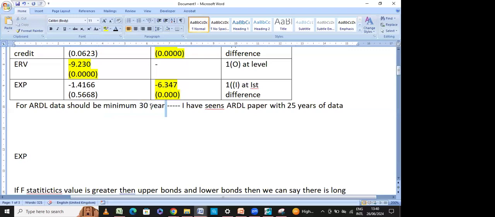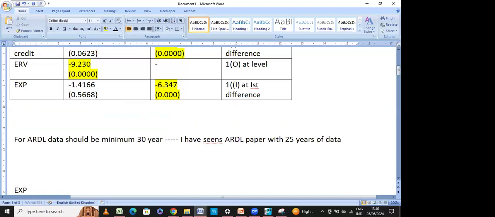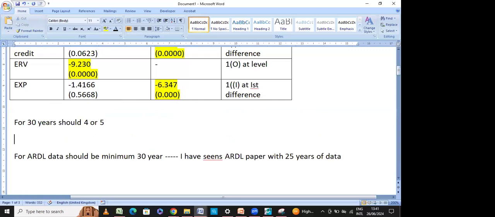So if you have a minimum of 30 years, then for the dependent and independent variables, it is highly recommended to have 4 or 5 for 30 years. So you can say y1 equals x1 plus x2 plus x3 and x4.